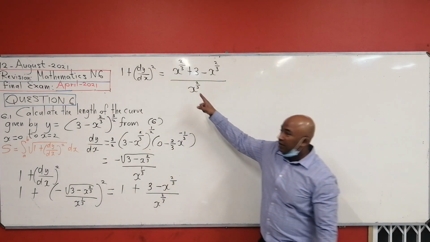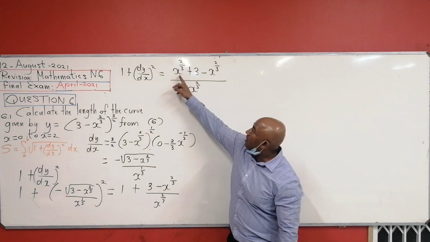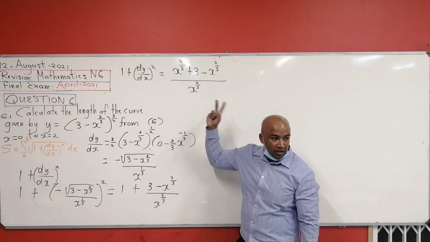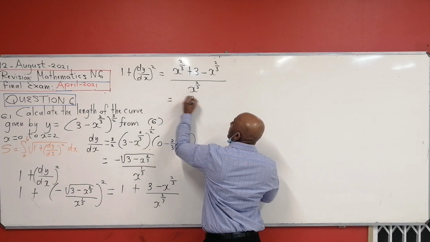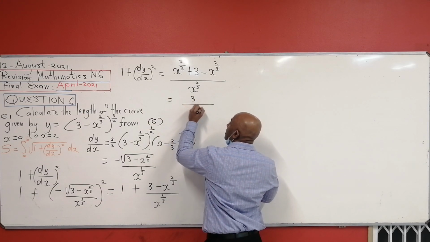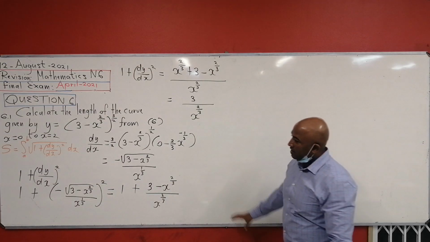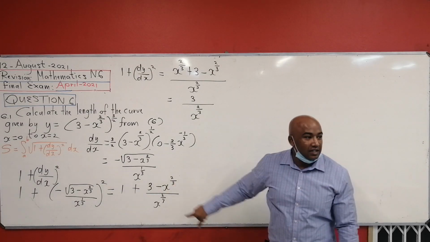Now, if you check what happens here, that's 0 on the top, except we have 3. So this is going to be 3 all divided by x to the power 2 over 3. That is the result of what's inside the square root.